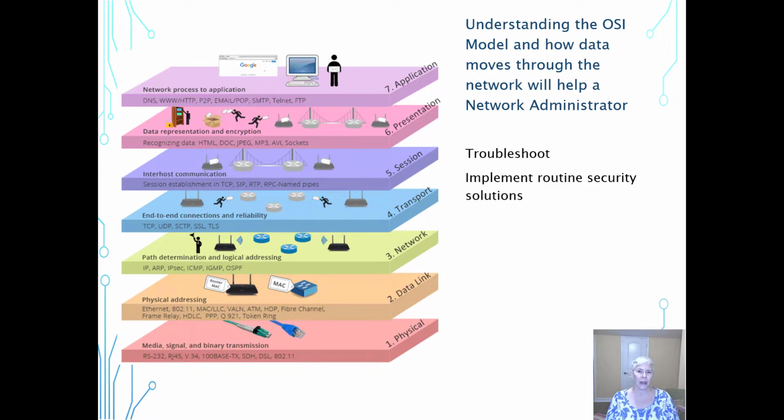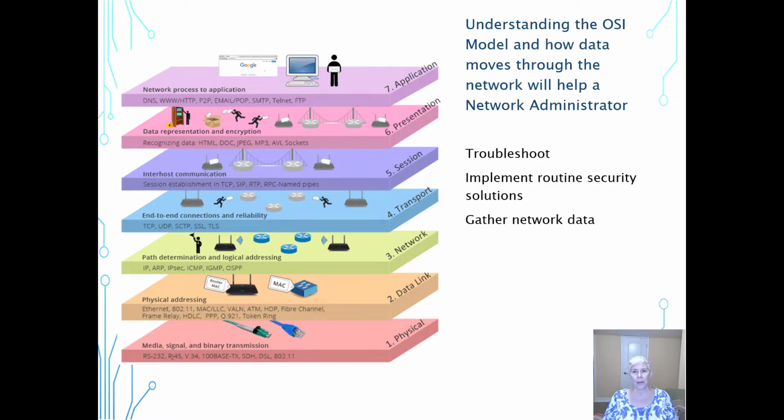As we begin to understand the protocols, we can also implement security measures to protect the switch. Same goes with layer 3, the network layer. As long as we understand the different types of trouble and or implementation of security that might happen at layer 3, we can create a more secure network.